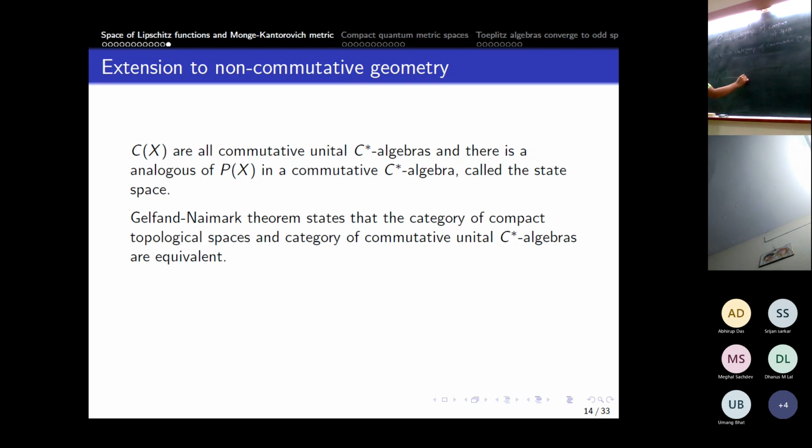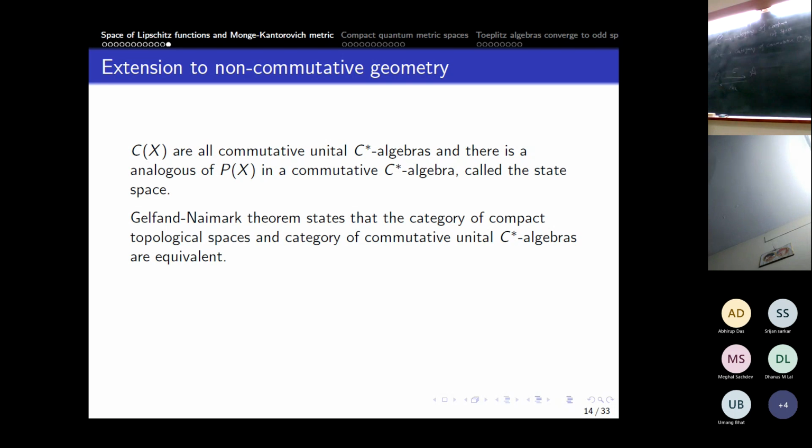Equivalent basically means from this category to this, there is a contravariant functor which is basically taking the continuous functions, denoted by C. The other way around, there is a contravariant functor which is given by something called Max, basically taking the maximal ideals. And these two functors form what is called an adjoint pair.